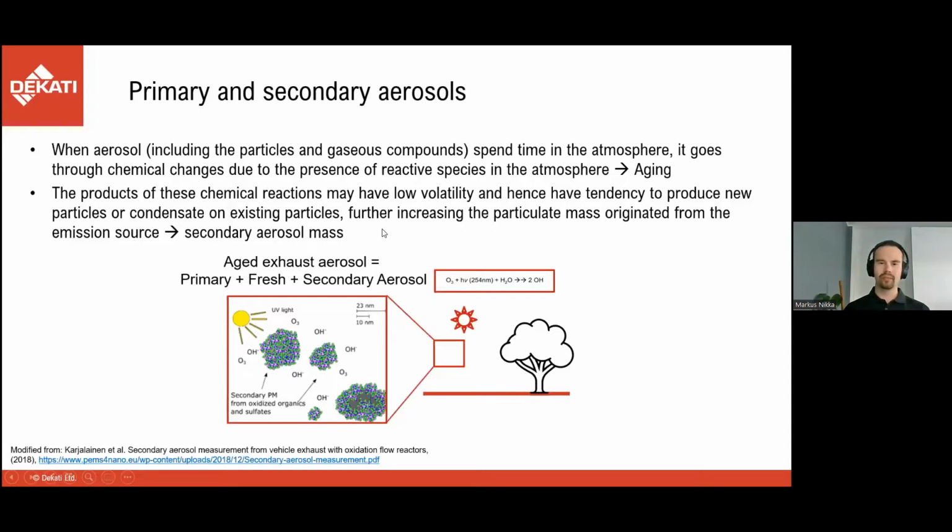And this, of course, further increases the particulate mass that has originated from the emission source. So secondary aerosol mass refers to this aerosol mass produced in the atmosphere long after the emission through these chemical reactions.